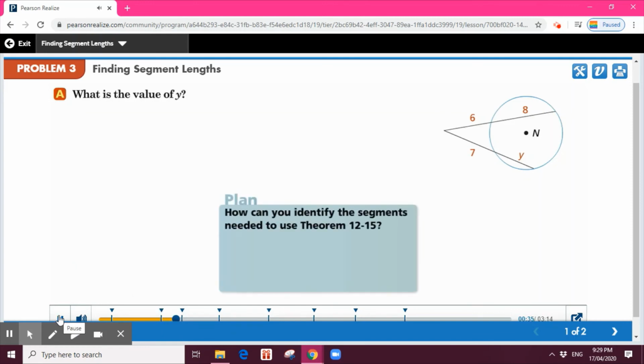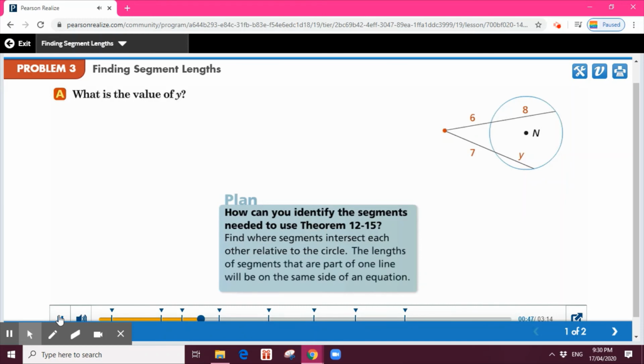How can you identify the segments needed to use Theorem 1215? Find where segments intersect each other relative to the circle. The lengths of segments that are part of one line will be on the same side of an equation.